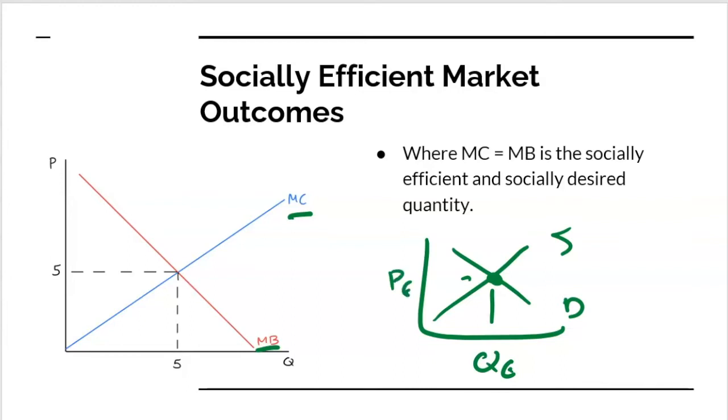The same thing is true with marginal cost and marginal benefit. We want to consume where marginal cost intersects with marginal benefit. That is the socially efficient and socially desired quantity. In other words, that is how much quantity society wants and how much society is willing to pay for that specific output or for that specific quantity.